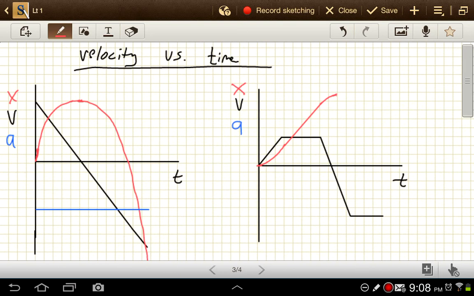And then our velocity goes negative, so our slope needs to go negative as well. It needs to get more and more negative right up until about there, corresponding with this point here. And after this we have a constant negative velocity, so we need a constant negative slope for the last section there. Straight line.